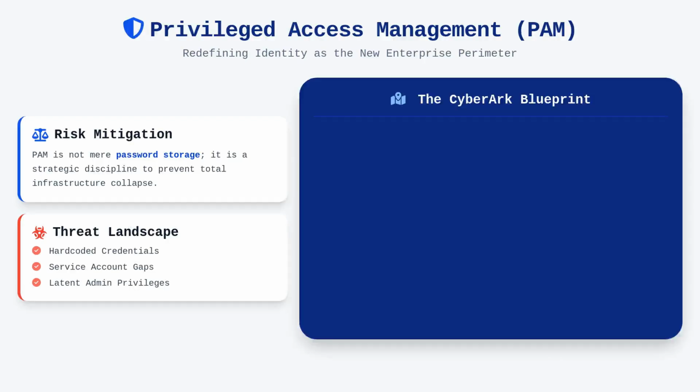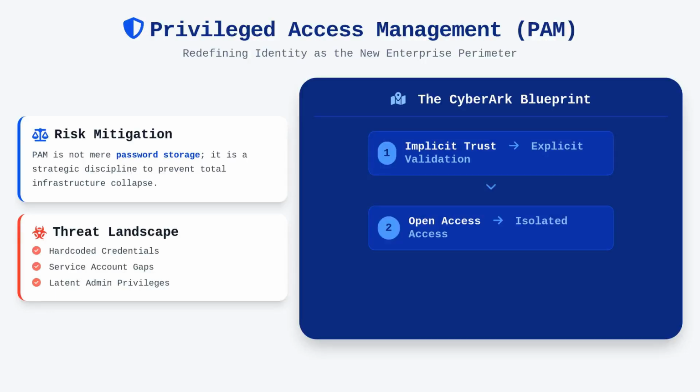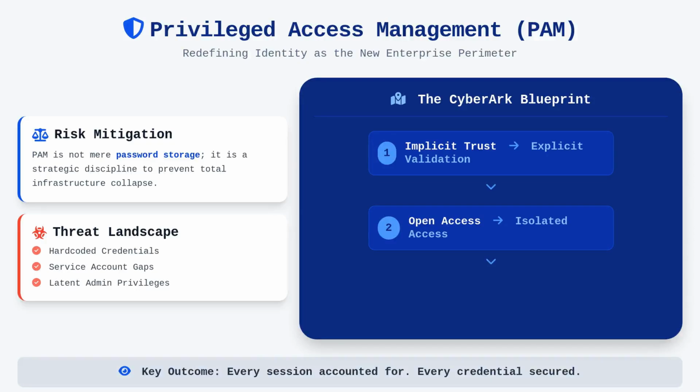Our methodology involves adopting the CyberArk blueprint, an architectural roadmap that replaces implicit trust with explicit validation and isolated access. You will learn to view identity as the new perimeter, where every session is accounted for and every credential is rotated according to strictly enforced policies.